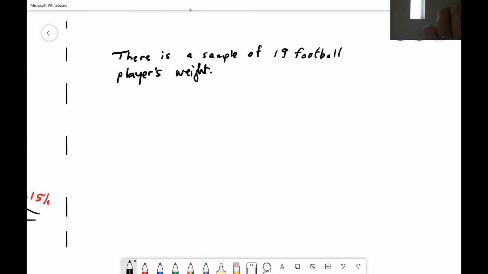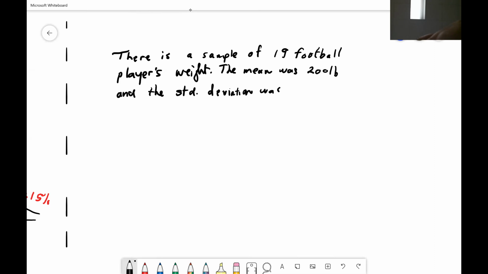And I would say the mean was 200 pounds. And the standard deviation was, I don't know, 20, just to make numbers nice, 20 pounds. Right, so that's the situation.